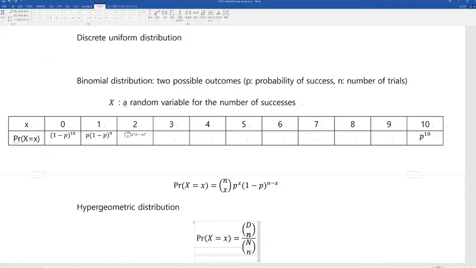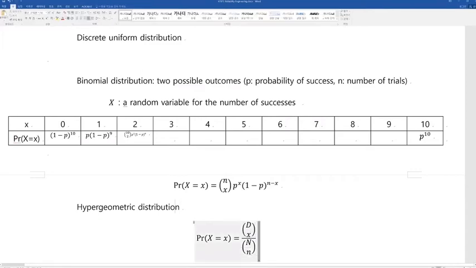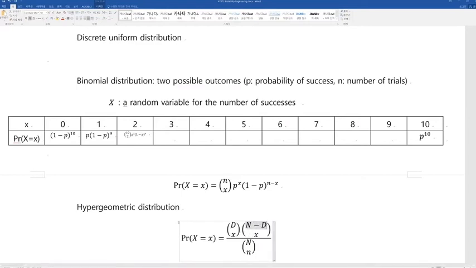Out of that, we need to take x. So first, we need to take x items of interest, and then after that, we need to take from capital N minus D, which would be the number of items that are not defective or not in our interest.